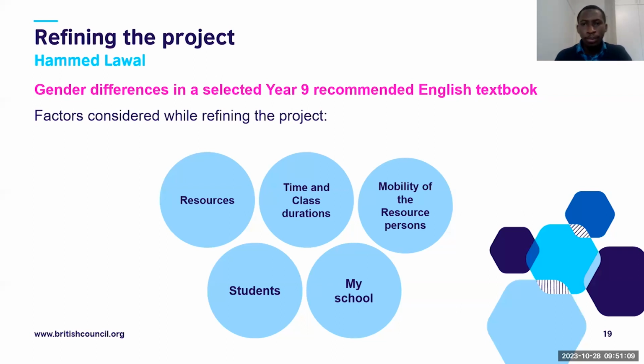They took it home, and got it signed by their parents to confirm that they can participate in the research. So while carrying out an action research in the classroom, you need to consider the student from the angle of the parent, whether they want their child to participate in the research or not. These are just a few factors you need to consider while carrying out an action research.